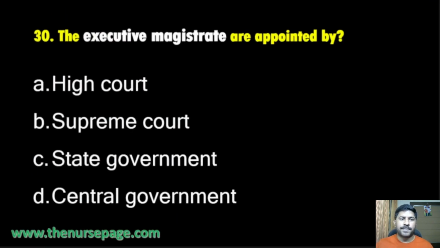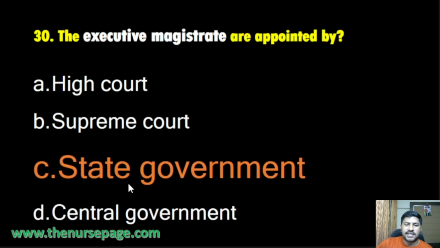So last question, the executive magistrates are appointed by High Court, Supreme Court, state government, central government. Correct answer, state government. The executive magistrates are appointed by the state government.